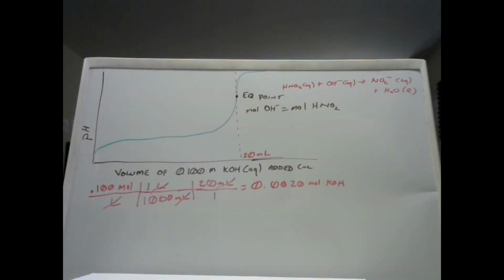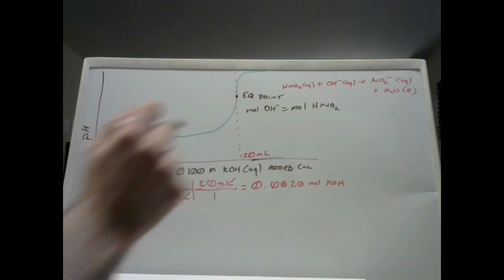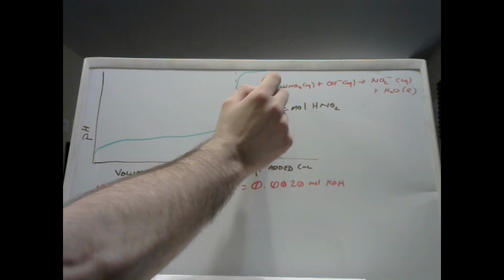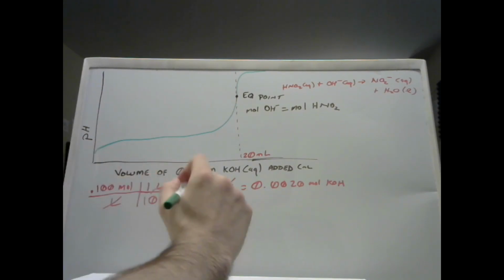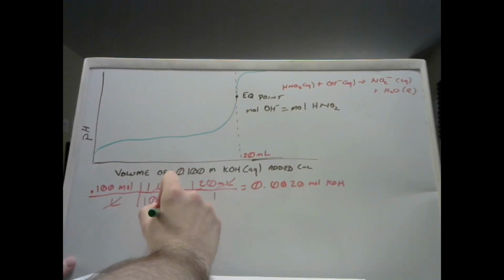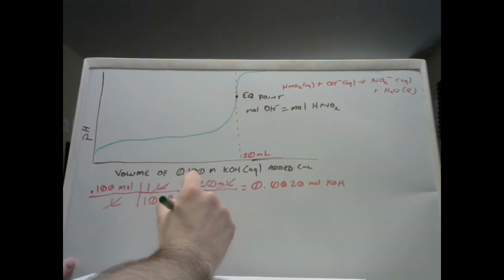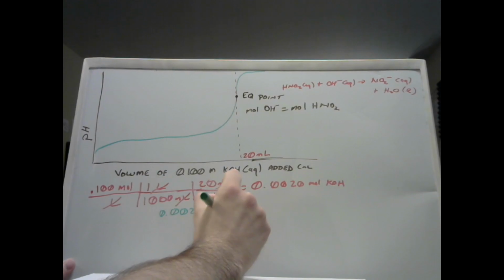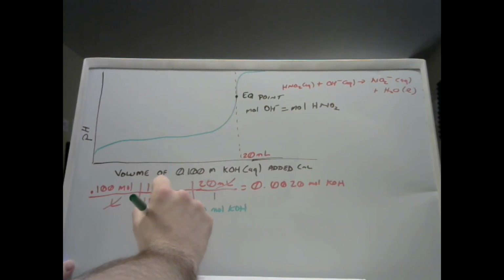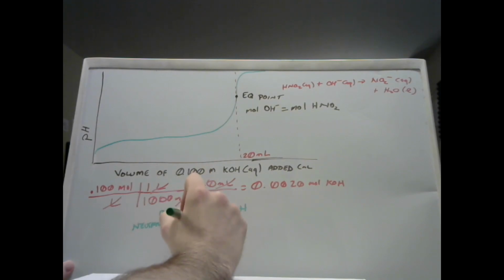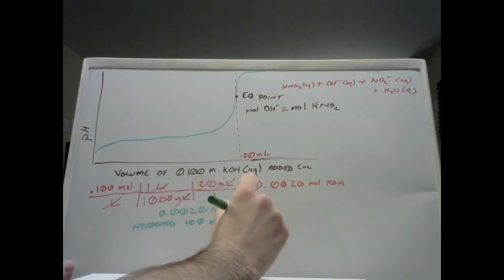And we know that because of this reaction, there's 1 mole HNO2 per 1 mole OH. If you'd prefer to think of this a different way, 0.0020 mole KOH neutralized 100 milliliters HNO2.